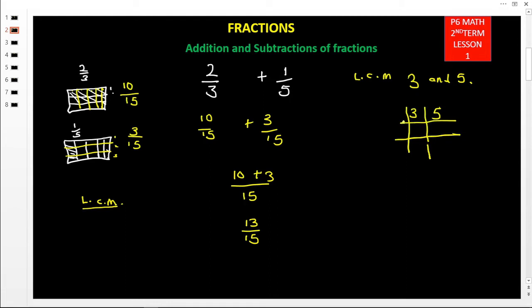Now when we are prime factorizing, we are using prime numbers. So what are those prime numbers? Prime numbers are numbers that have two factors. One of the factors is 1 and the other is that number itself. So the first prime number is 2, then we have 3, there is 5, we have 7, then we go to 11. Now these are the prime numbers.